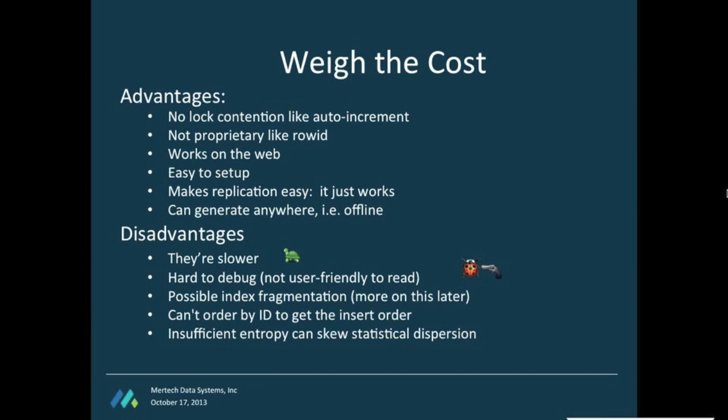And then this last point is actually a really important point: you can generate them anywhere, even offline. What we've set up with the dynamic primary keys basically allows for the server to generate a UUID for you and put it into a column in your row at the server end.